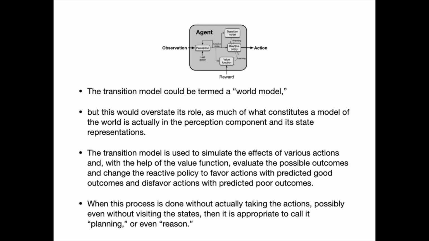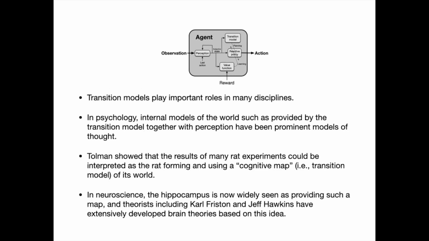The transition model is used to simulate the effects of various actions and, with the help of the value function, evaluate the possible outcomes and change the reactive policy to favor actions with predicted good outcomes and disfavor actions with predicted poor outcomes. When this process is done without actually taking the actions, possibly even without visiting the states, then it is appropriate to call it planning, or even reason.